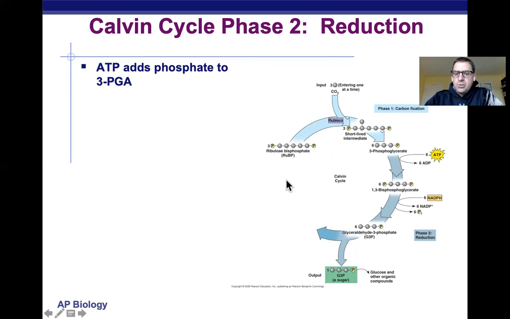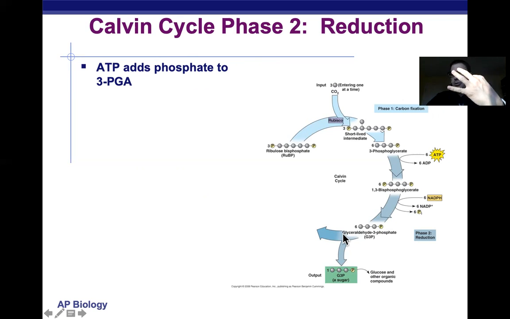In order to get back to where we started with 3 5-carbon compounds, which means 15 carbons in the cycle. So for every 3 CO2 that enter the Calvin cycle, 1 net G3P is generated that leaves the cycle. The other 5 3-carbon compounds remain in the cycle.